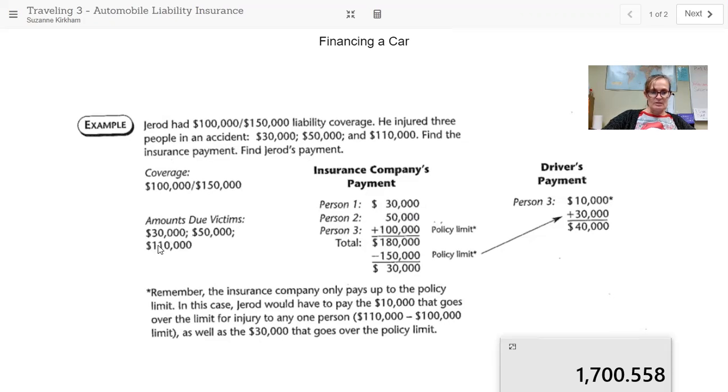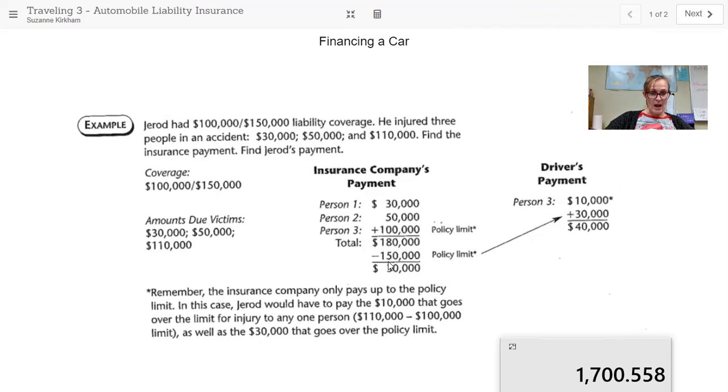And then the third person said $110,000, but we are only going to add in $100,000. Then we add those all up. 30 plus 50 is 80. 80 plus 100 is 180. So the total amount was 180, but the max that the insurance will pay is 150,000.